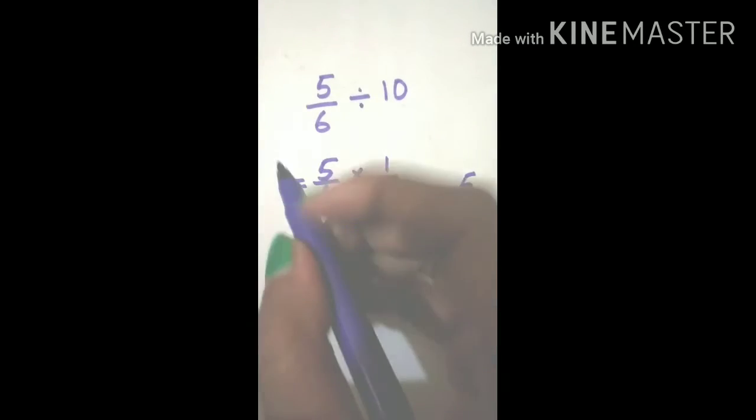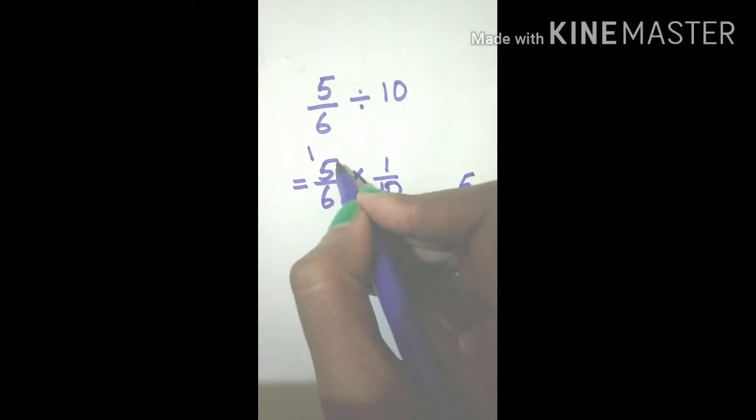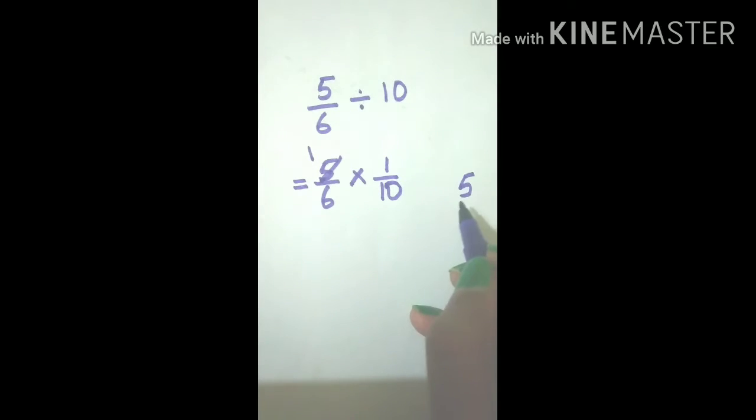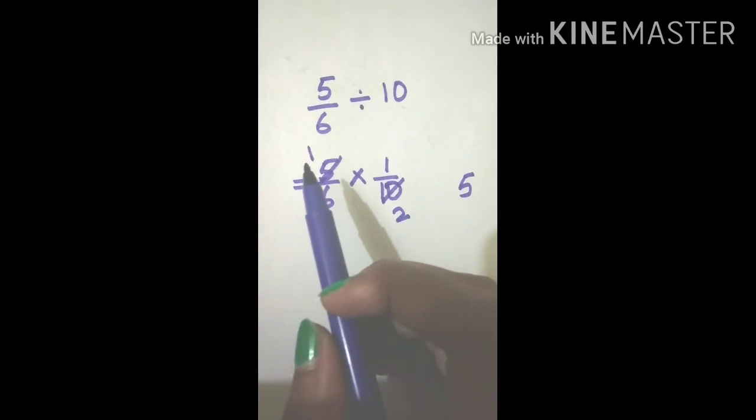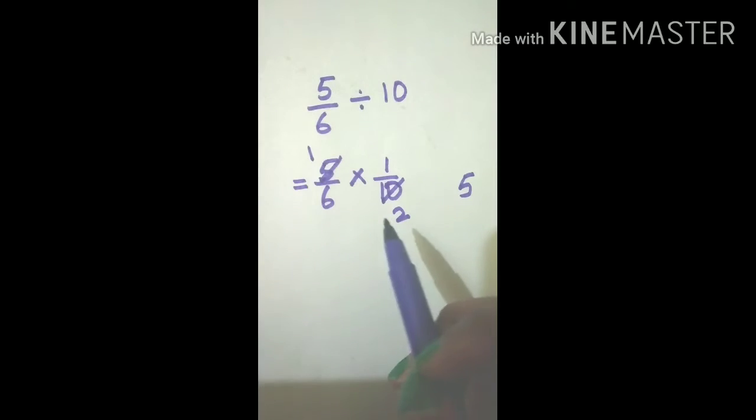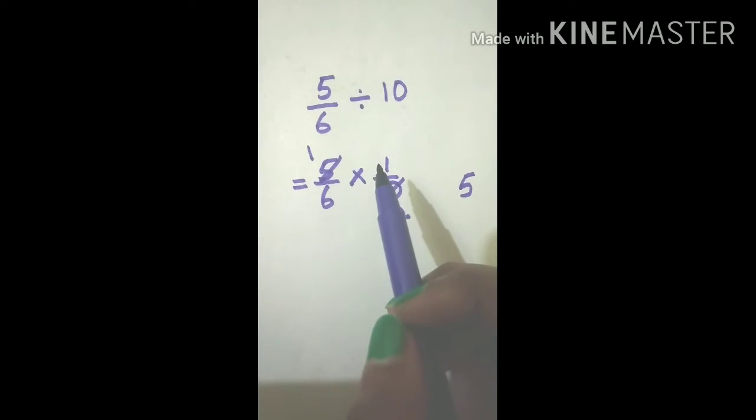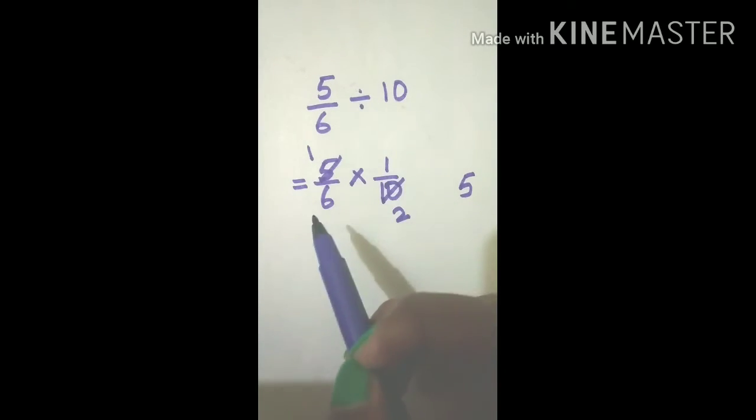So 5 into 1 is 5 and 5 into 2 is 10. Now students, there is no common factor left between 1 and 2. Neither there is any common factor between 1 and 6.